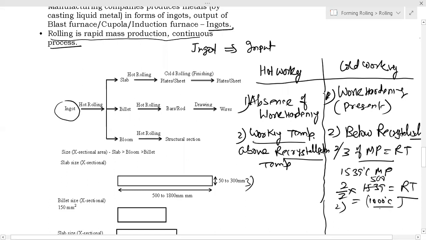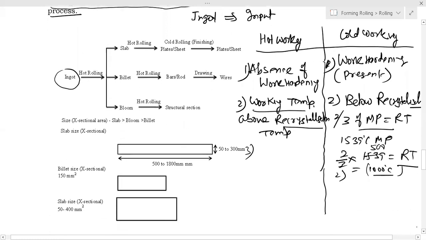If it is below 1000, we call it cold working. So it is not necessarily the case that cold working is always at room temperature.